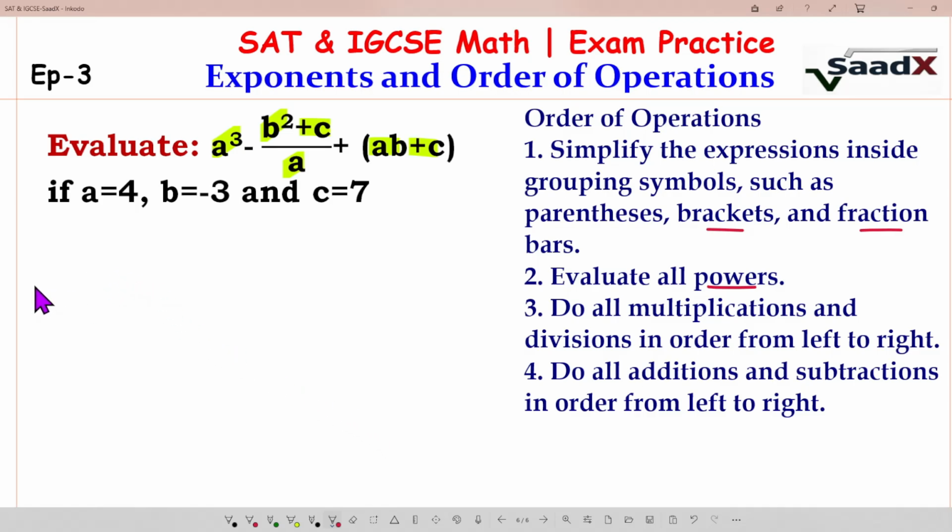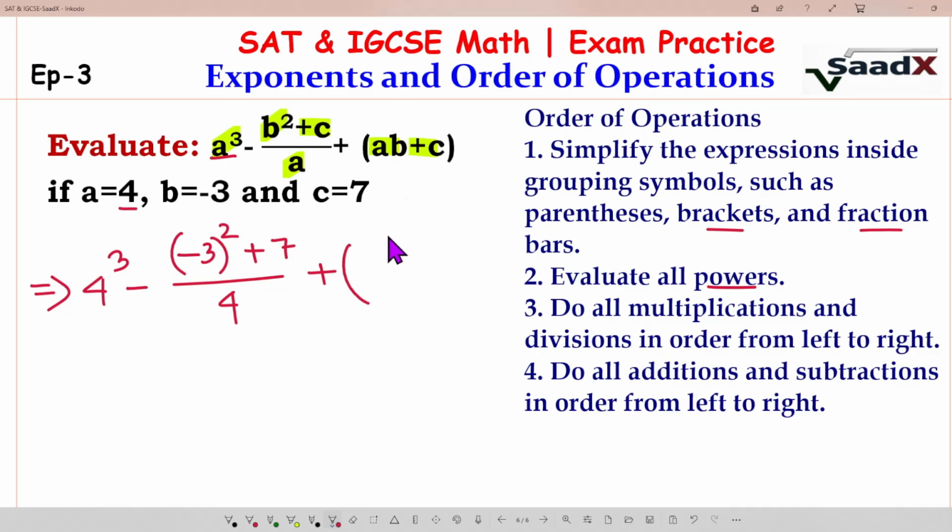So first, a cubed means 4 cubed, minus b squared, where b is minus 3, squared, plus c, which is 7, divided by a, which is 4, plus a times b, which means 4 times minus 3, then plus 7.